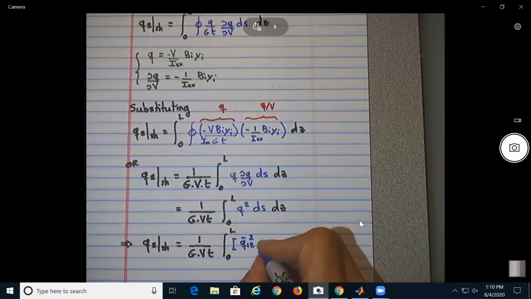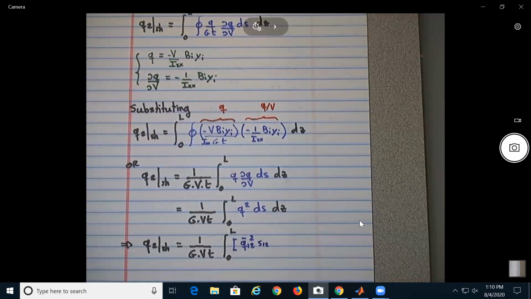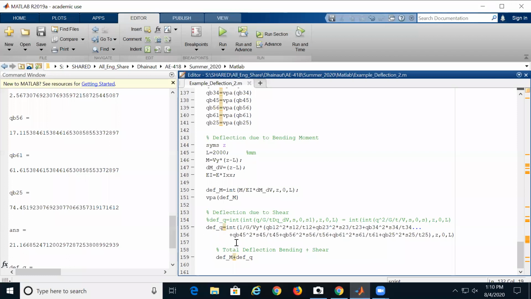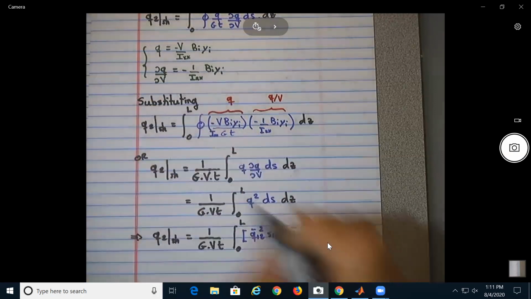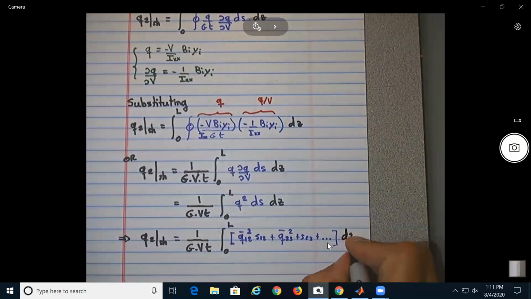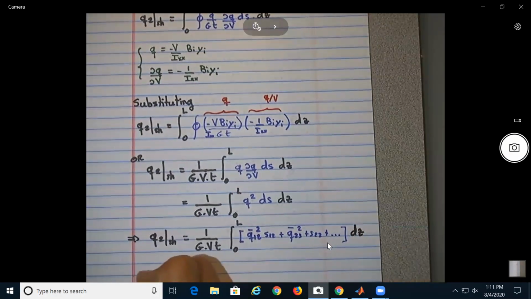Whatever, S12, which is basically probably what I have here on the MATLAB. Q1 squared S12 plus Q bar 23 square plus S23. Okay, and you keep adding all the terms to the end. All right. dz, and this will give you that Q.